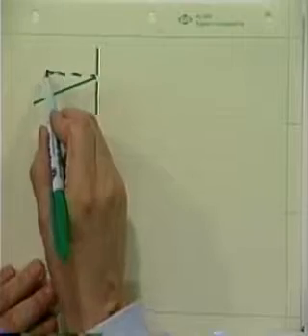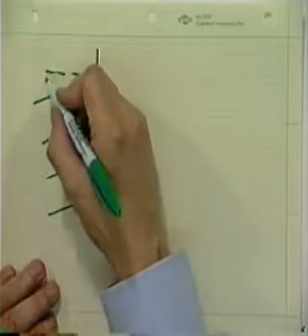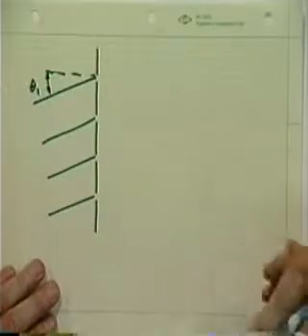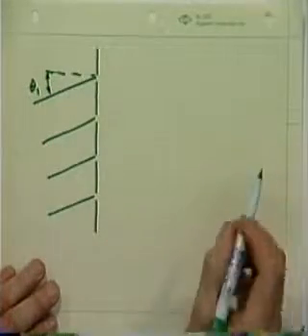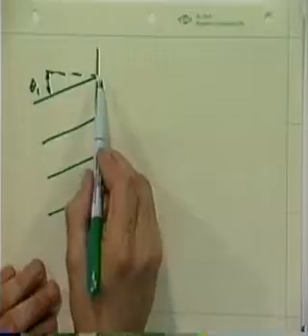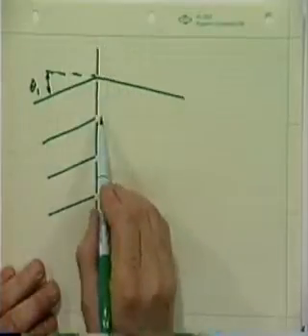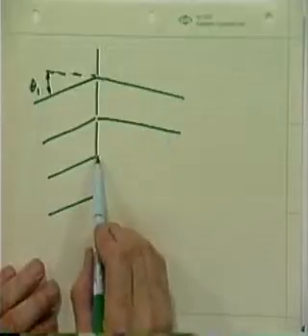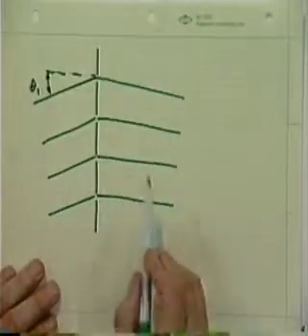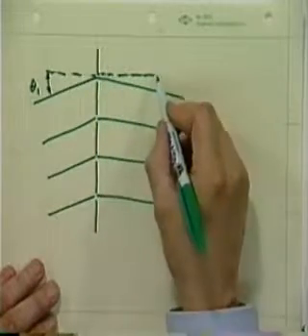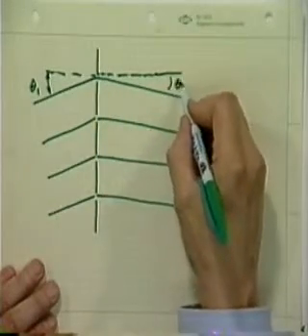And let's make that angle theta 1. Okay. And we have light leaving at some angle. I don't know what it is. Say, like so. And let's call that angle theta 2.